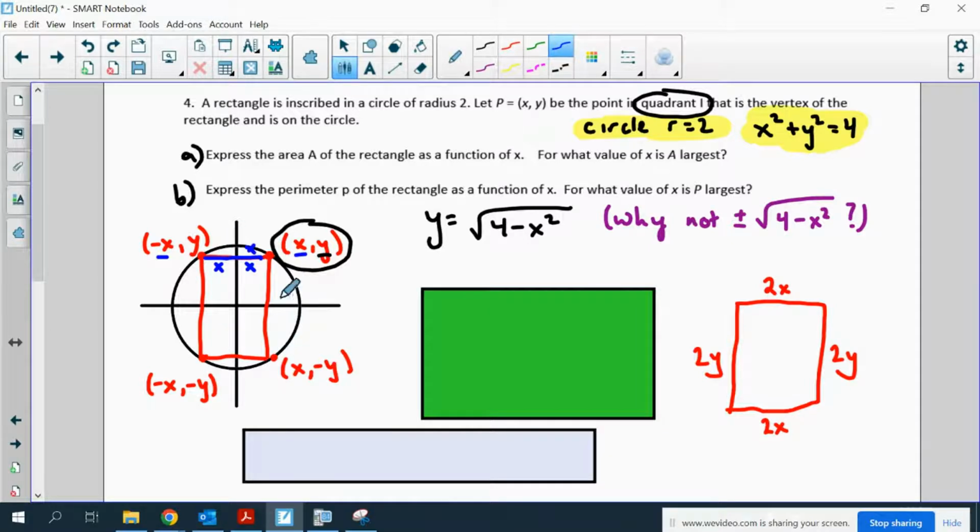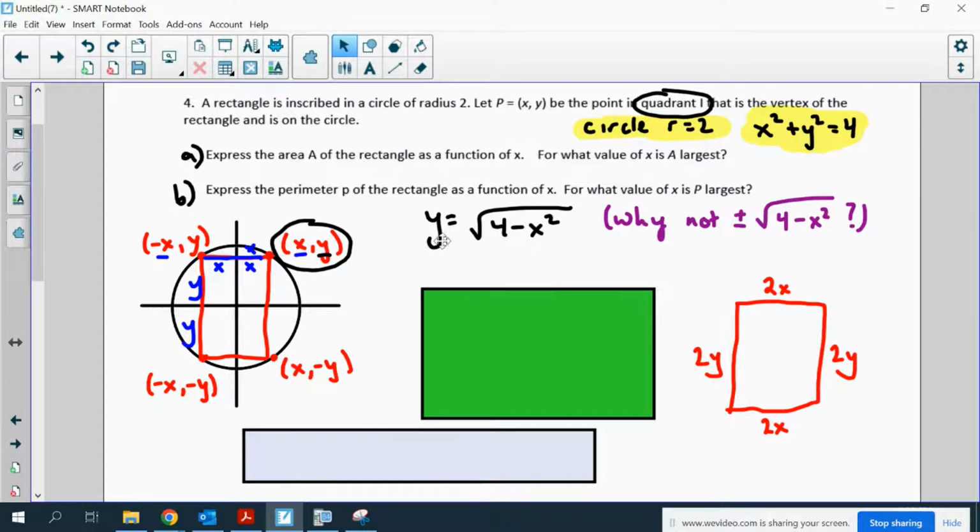And that's true for all four sides. This is length y and this is length y, so that would be 2y. And so if I have a picture, what I need is a rectangle that has area 2x times 2y and perimeter 2x plus 2x plus 2y plus 2y.